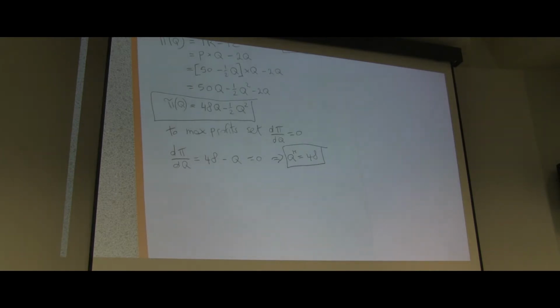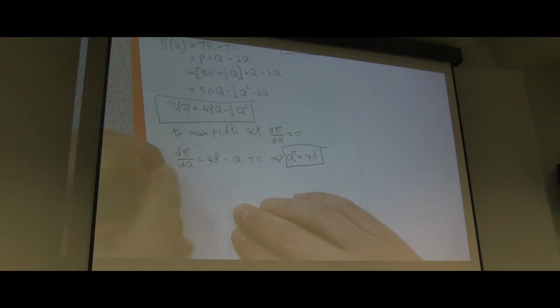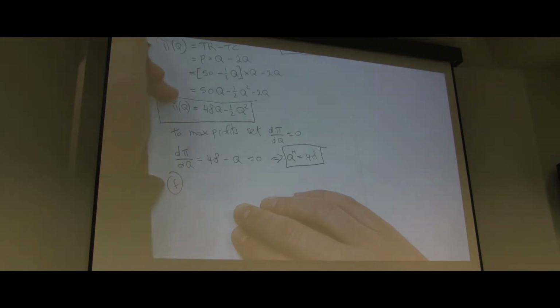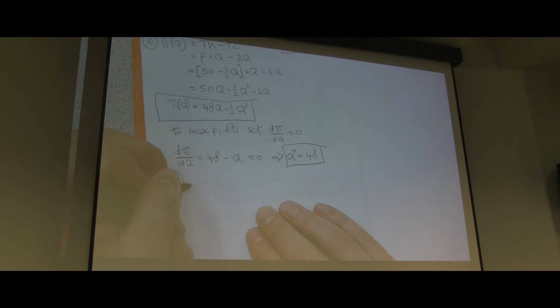Yeah? And now I can find the monopoly price. So that's part E actually. Find QM. And then, what will be the price? I'll plug it into the demand. So this is P, you're going to plug it into the demand.